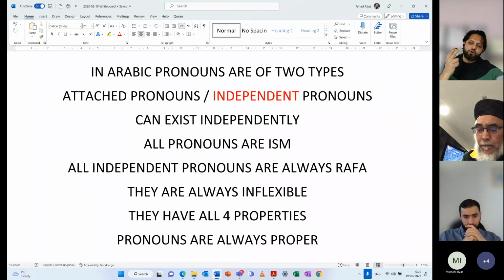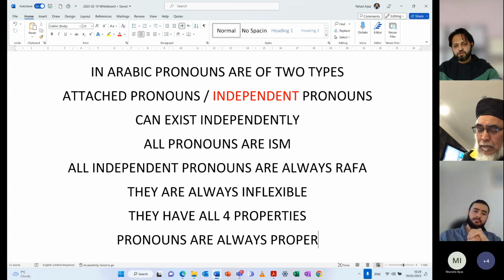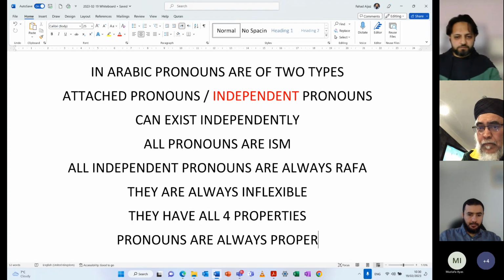So two things we know about pronouns with our eyes closed. One, for independent pronouns, we know they are rafa. And we also know they are proper. So you don't need to think about it. You just know they are rafa and they are proper. Okay, for the independent ones. For the dependent ones, we'll do something later. But the dependent ones would always be proper. Pronouns generally are always proper.